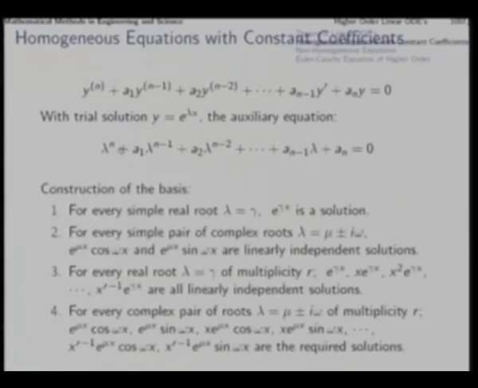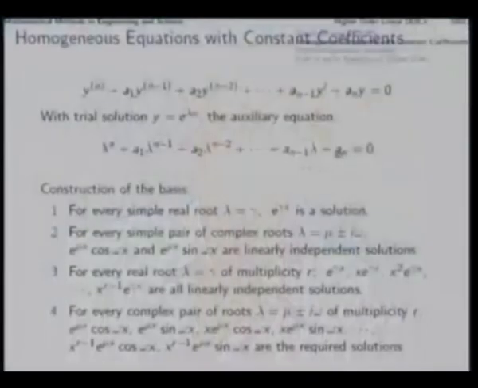Out of those n solutions, for every simple real root, that is, if gamma is one solution of this polynomial equation appearing only once, that is, in its factorization lambda minus gamma appears only once, that makes it a simple root. Then corresponding to that, e to the power gamma x will be a solution.